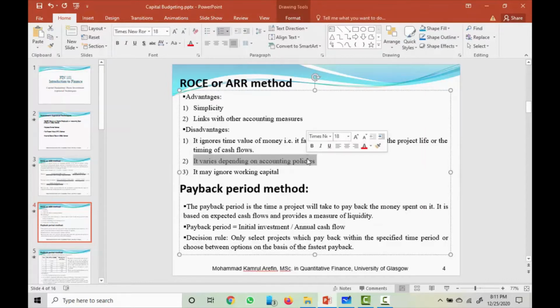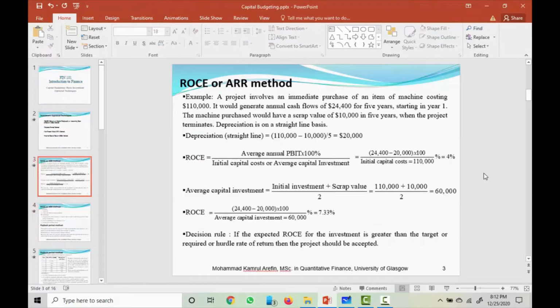It varies depending on accounting policies. This method will give you different results depending on what accounting policy you use. So, as I said before, some inconsistency is there. Some accountants may use initial capital cost in the denominator, and some may use average capital investment in the denominator.